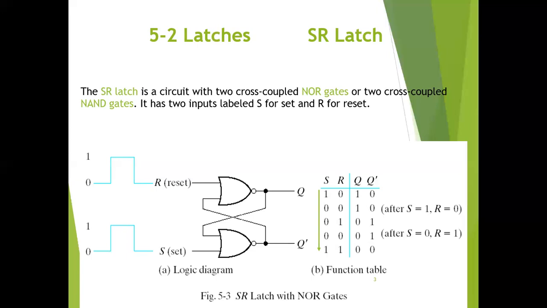When both the inputs are 0, we will change the inputs only when we have to change the state. The application of a momentary 1 to the S input causes the latch to go to the set state. When we change S from 0 to 1, it changes the system from the reset state to the set state.